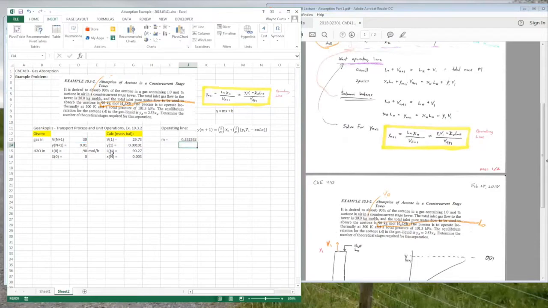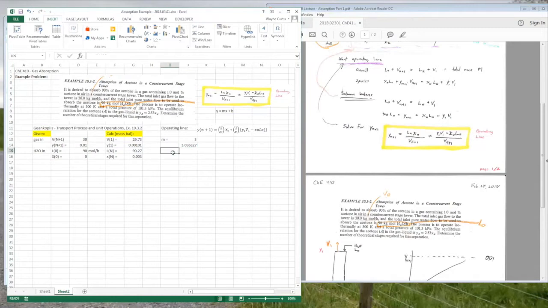If I calculate the same number based on the outlet values, L divided by V should be the same here. Then you can see 3 versus 3.03, not a large difference in terms of what we're working with.